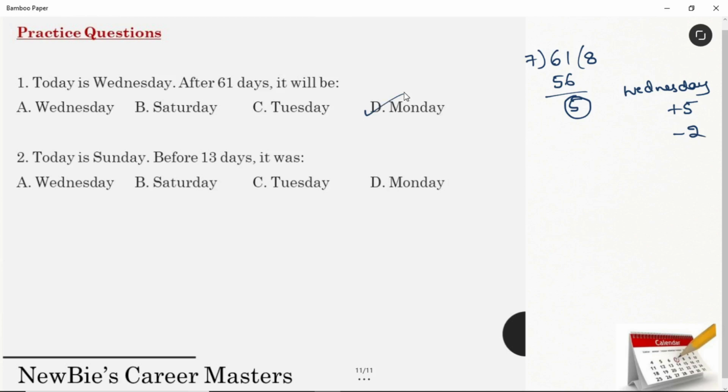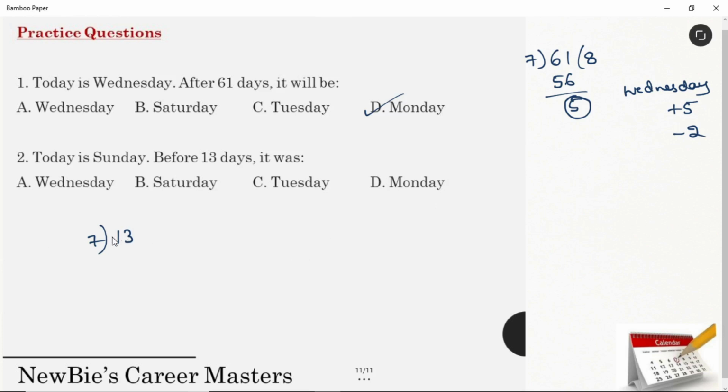Clear? Okay. Second question. Today is Sunday. Before 13 days it was. You have to use the similar approach. Take 13 days, divide by 7. In that video, I have taught why we are dividing by 7. If you watch that video, you will get to know why we are dividing this value by 7.